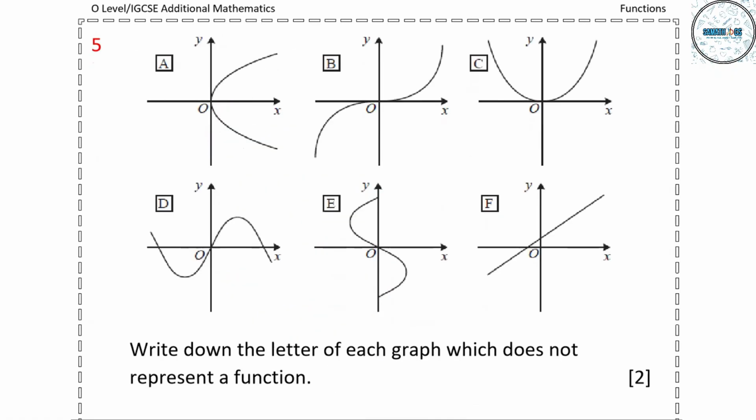Let's do another past paper question in which we have to write down the letter of each graph which does not represent a function. To find out whether the graph represents a function or not, we have to do the vertical line test.